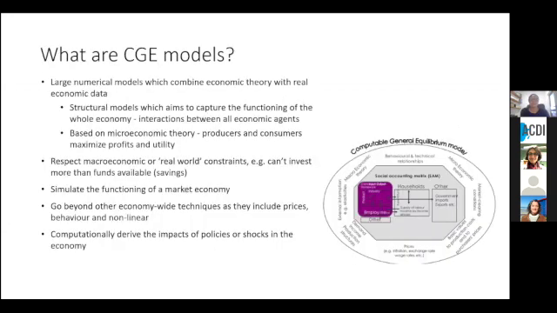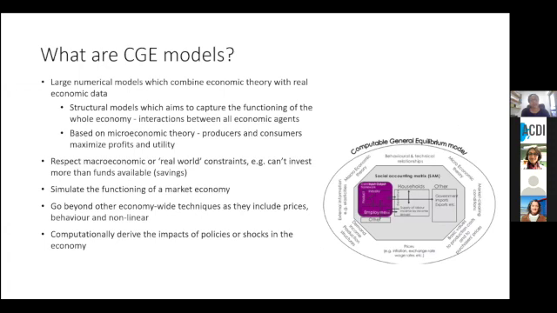So what are CG models? They are large-scale numerical models which combine economic theory with real economic data. They are structural models which capture the full economy through the use of actual data, but they're also based on microeconomic theory, with producers and consumers maximizing profits and utility respectively.